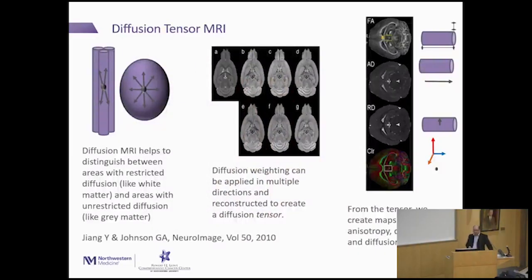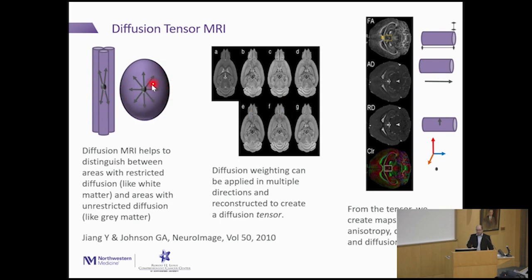This is a slide I borrowed from a colleague at Medical College of Wisconsin. It's not related to cancer, but it can be, especially in these brain models. So this is diffusion tensor MRI, and as I mentioned earlier, it's similar to diffusion weighted imaging, except it has directionality, and that's what's shown here.